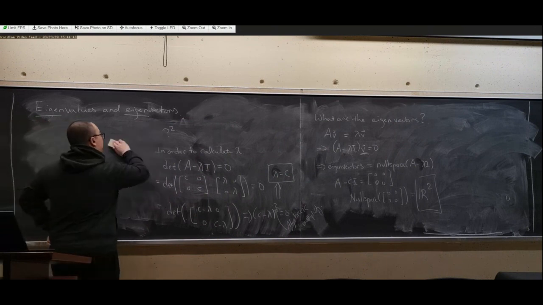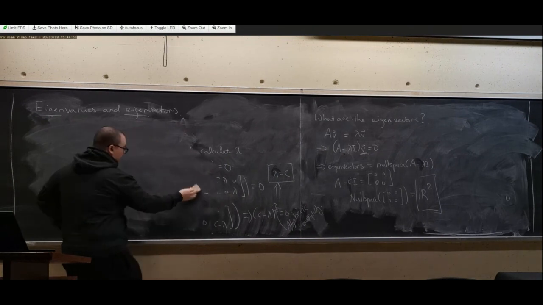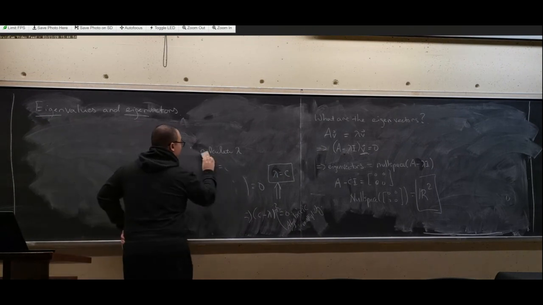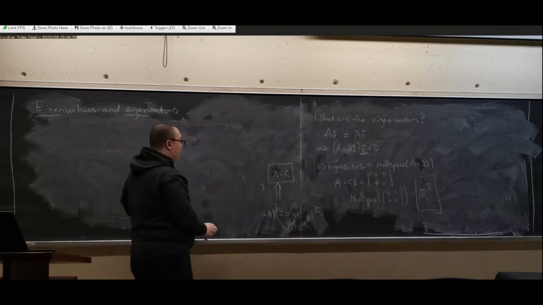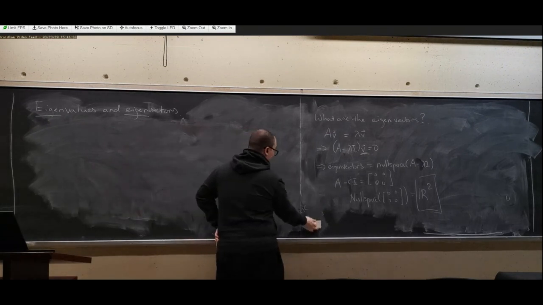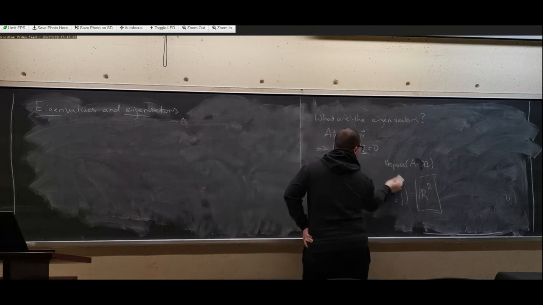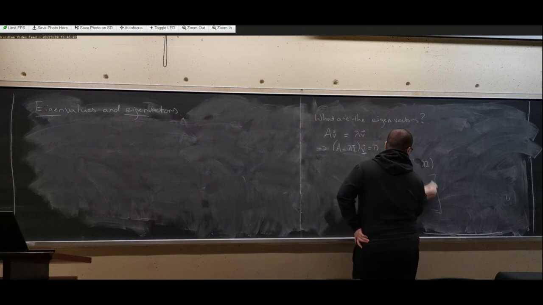The scaling matrix has eigenvectors everywhere, and it has two identical eigenvalues, which makes perfect sense. Now let's look at something that makes no perfect sense.